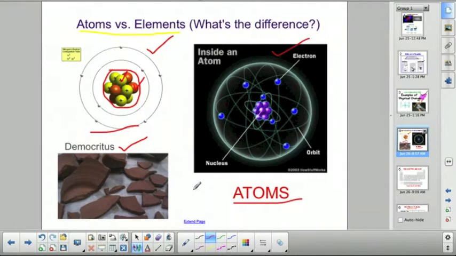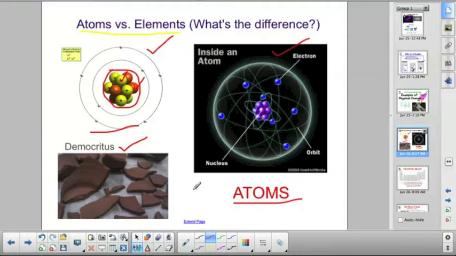And he said, okay, this clay pot is not the smallest part. He broke it into pieces. He took one of those pieces and he smashed it again. Got smaller pieces. He took those pieces and he ground them into the finest powder he could get. And that is what he called an atom.